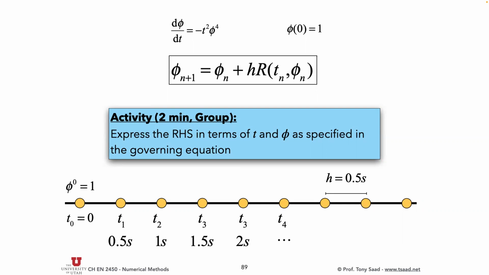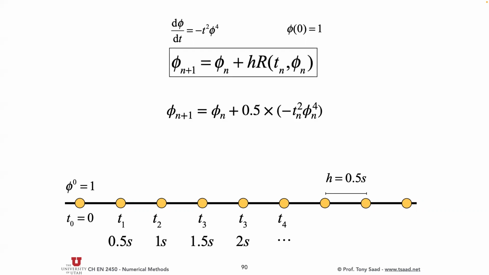So substitute the formula, not an actual time, right? We need just the generic formula, okay? What I mean is simply taking the right-hand side, minus t squared phi to the 4, putting it right here and multiplying by your time step size, which is 0.5, okay?